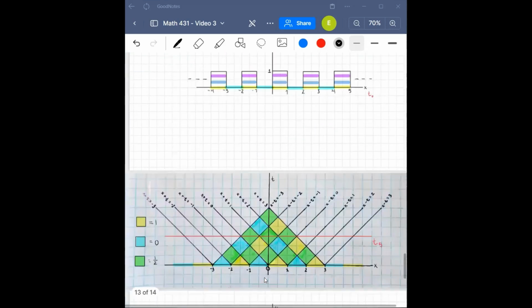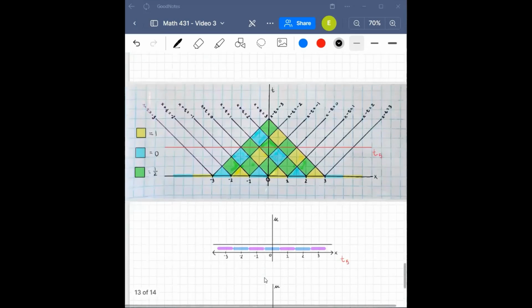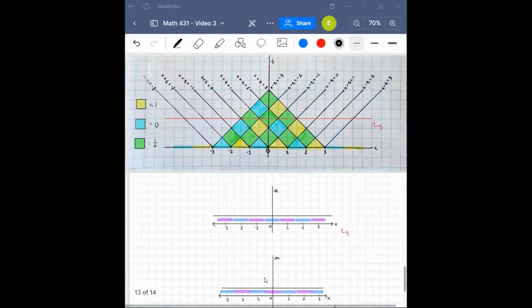Time 5 is the final time that I looked at, when the string did reach this uniform and constant height of 1/2 across the string.